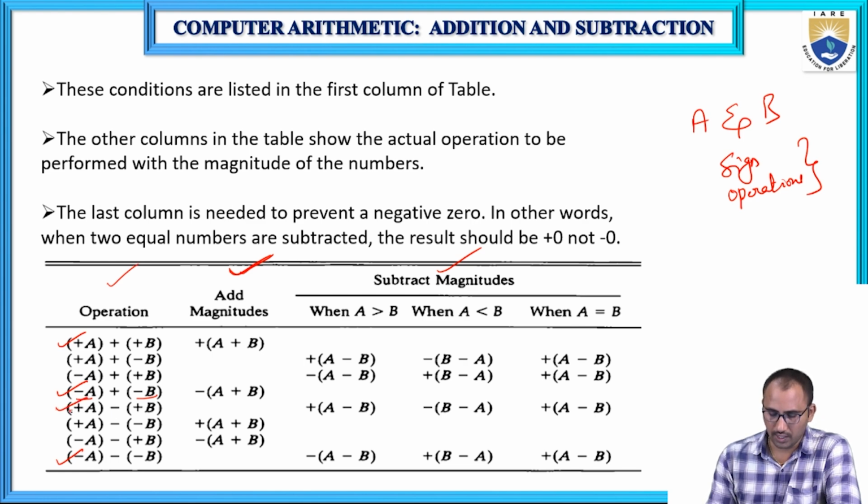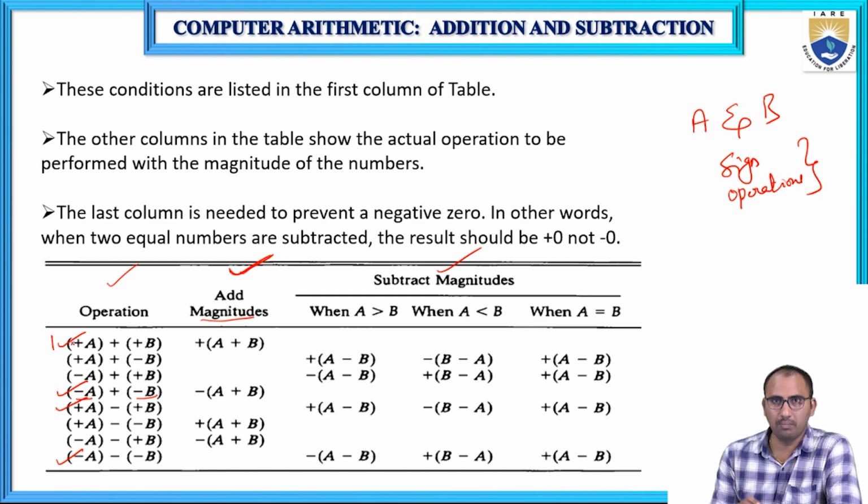Okay, so see here, add magnitude. When the signs of the two numbers are the same, then we have to add the magnitudes and take the sign of the first number. If you represent the first case, the signs of both numbers are the same.